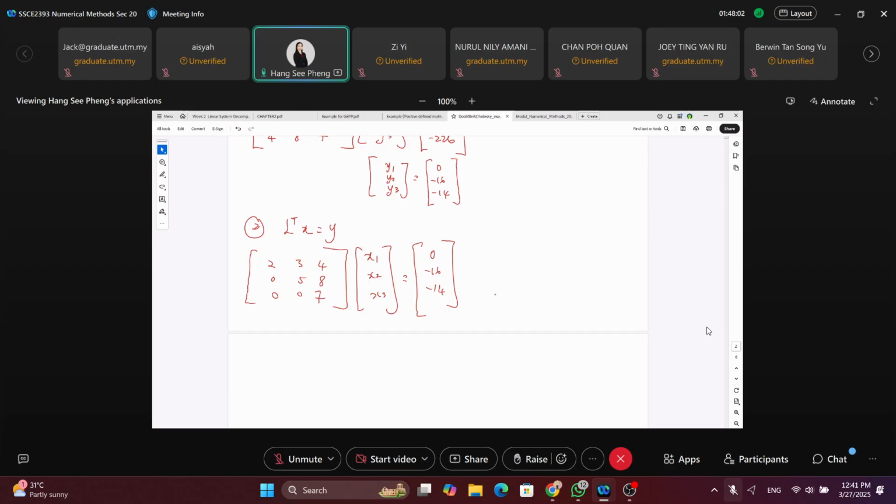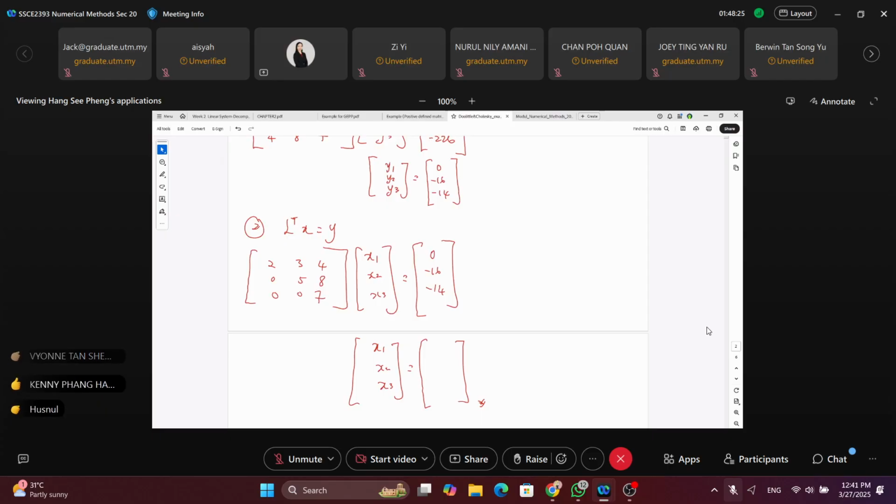Solve for this and get the answer. So class, any questions until here? Try to find out what is x values. 4, 0, minus 2. So that is the steps.